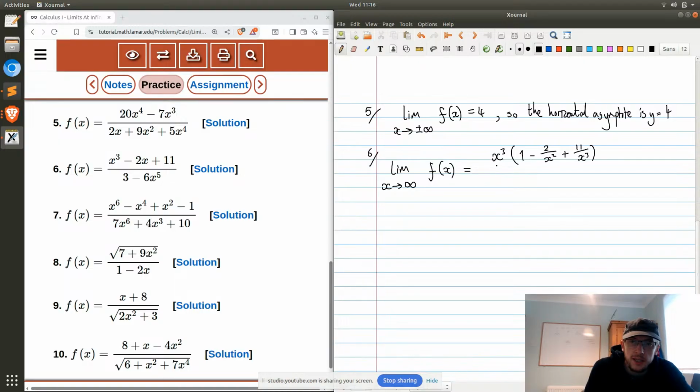And on the denominator, we can factor out x to the 5, and we obtain minus 6 plus 3 over x to the 5.